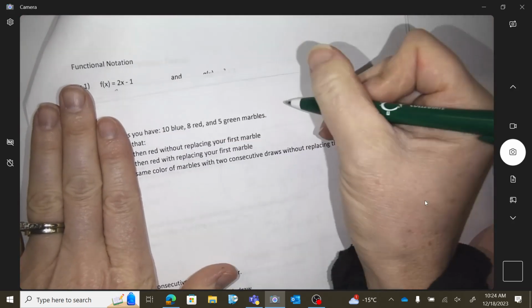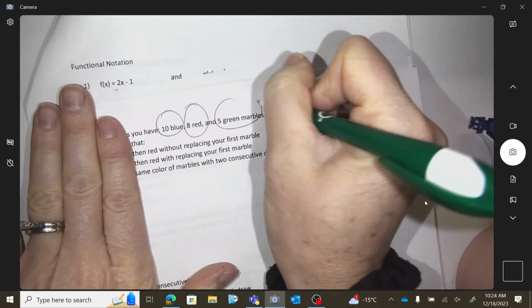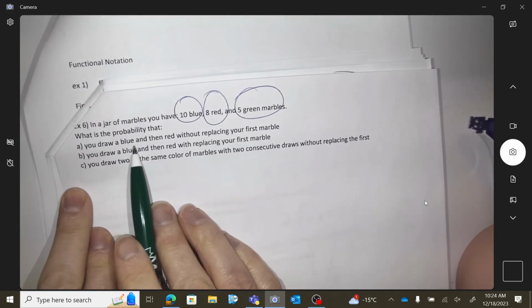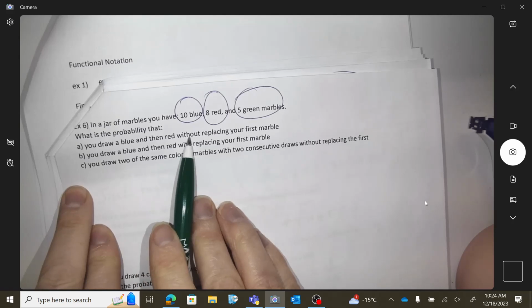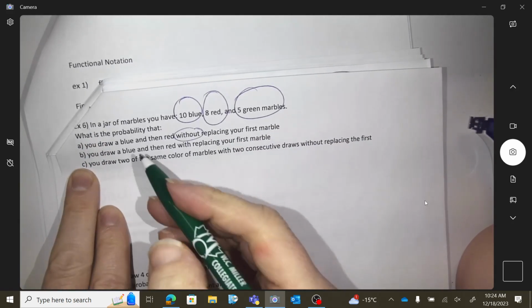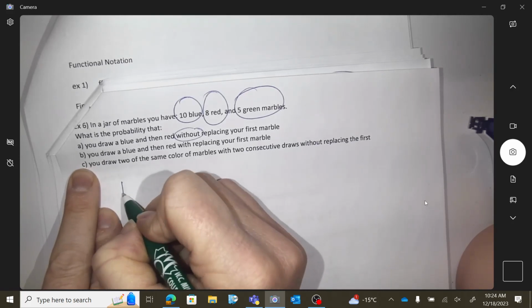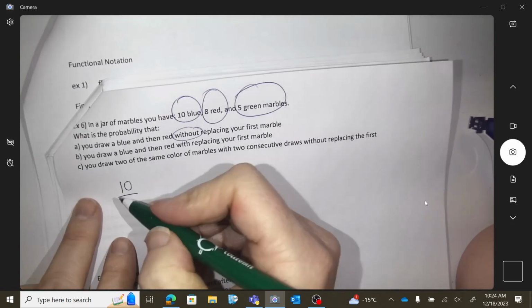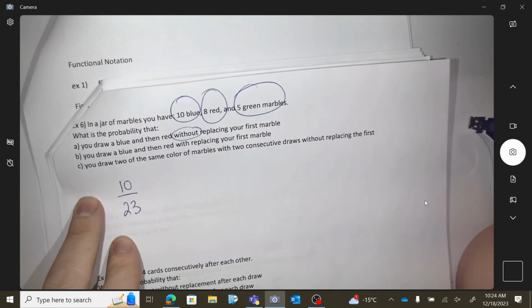Jars of marbles. 10 blue, 8 red, 5 green. Probability, you draw a blue and then a red without replacing. So a blue, I would have 10 out of, did anybody add them all up? 23 marbles.